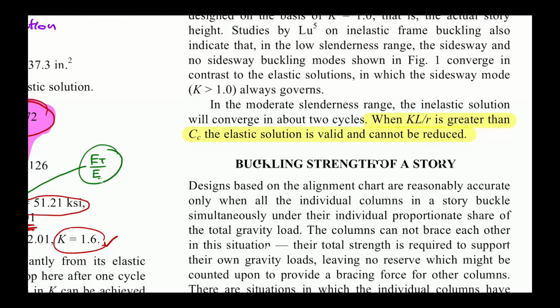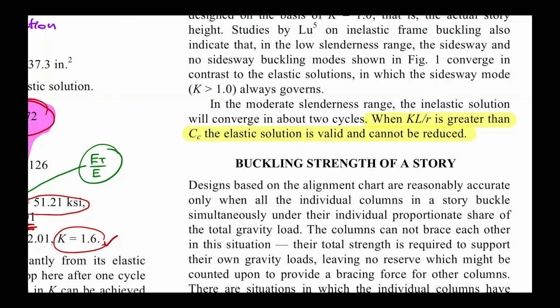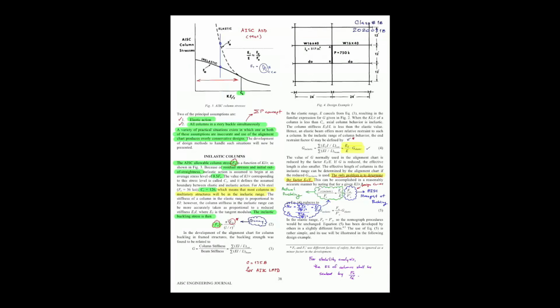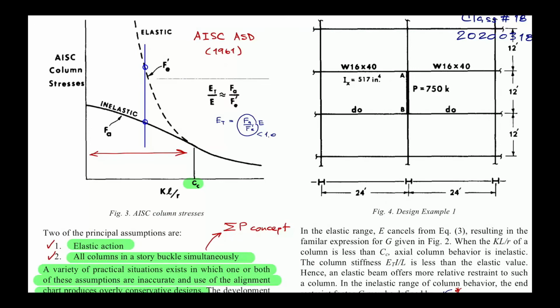Okay, in the moderate slenderness range, the inelastic solution will converge in about 2 cycles. So the moderate inelastic range could be somewhere around 120 something, right? And we talk about 50 or less, right?